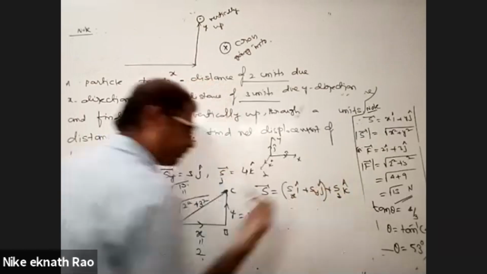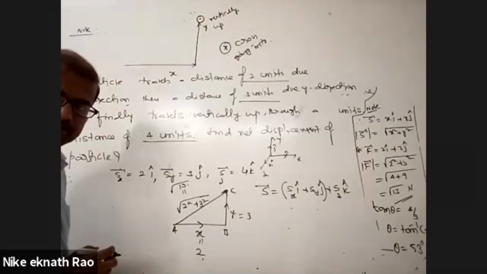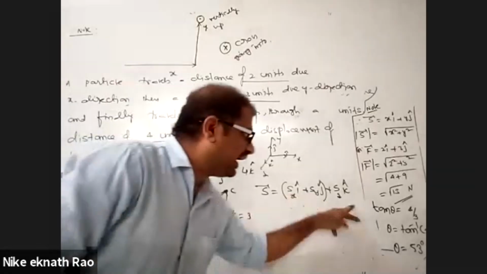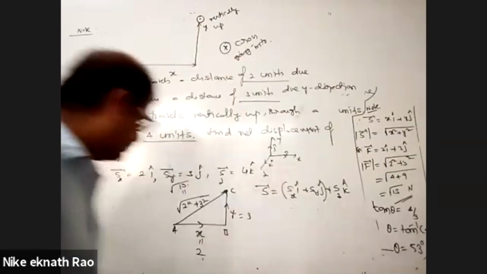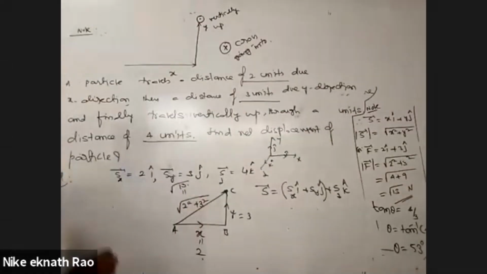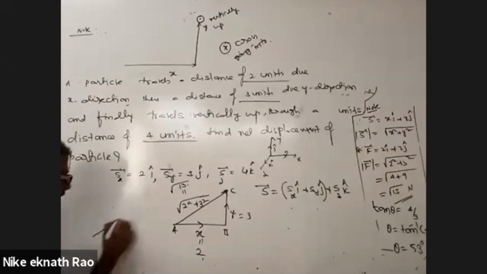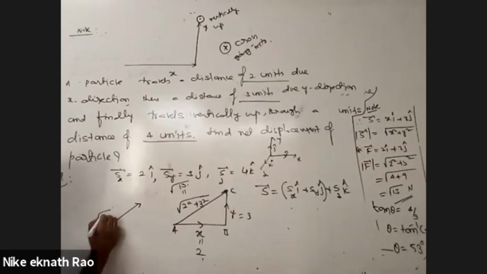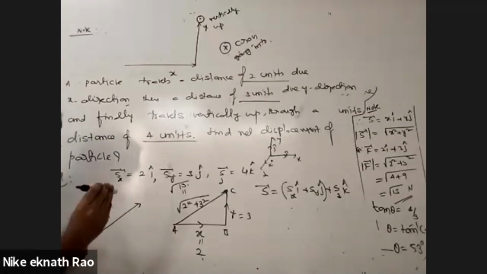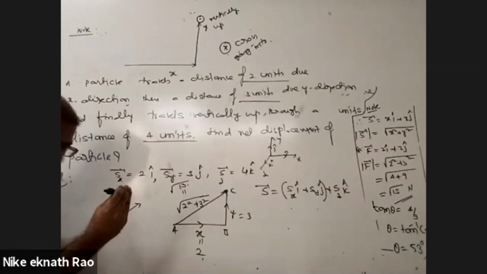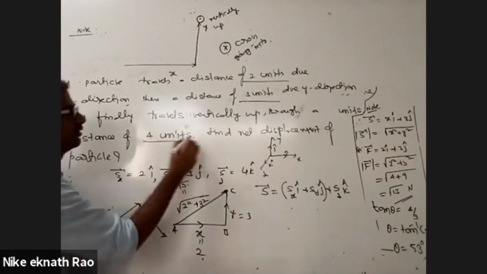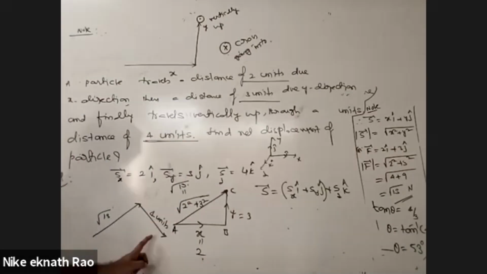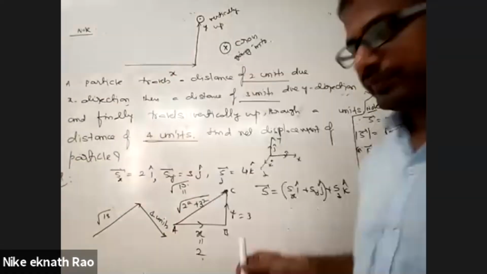First I will find these two, then add Sz. The resultant of x and y is root 13. This value is 2. Perpendicularly, the z direction value is 4. Do you agree with me?